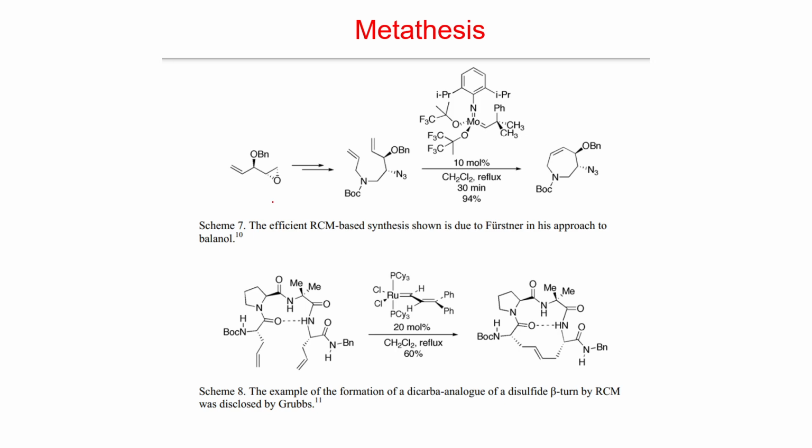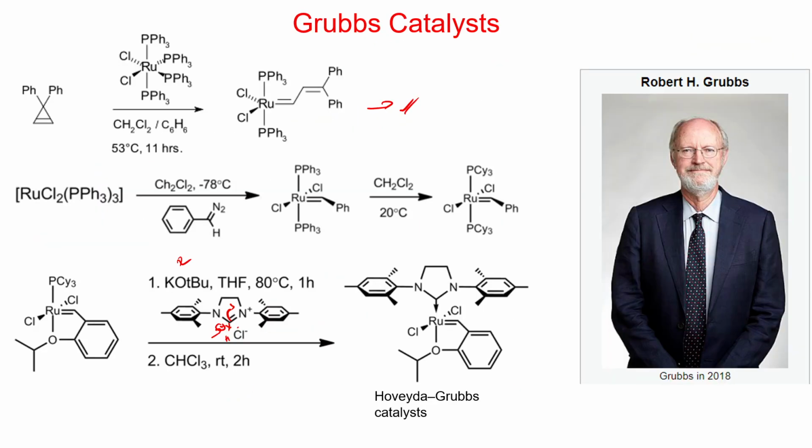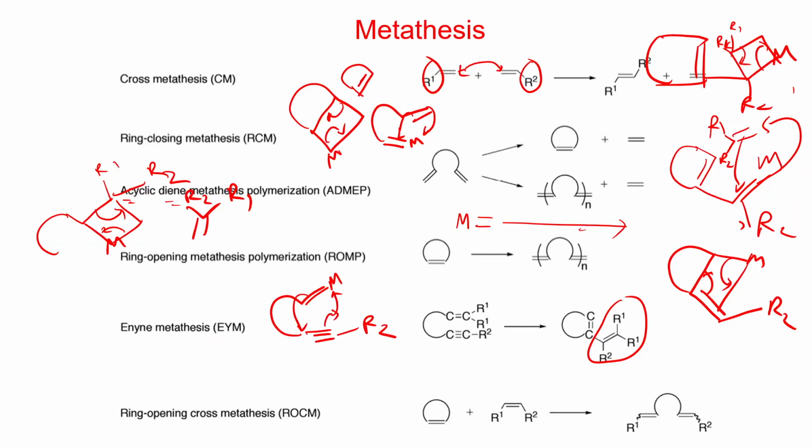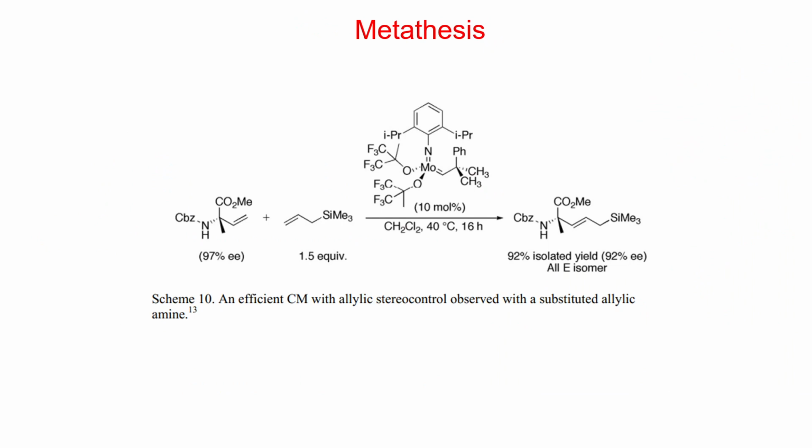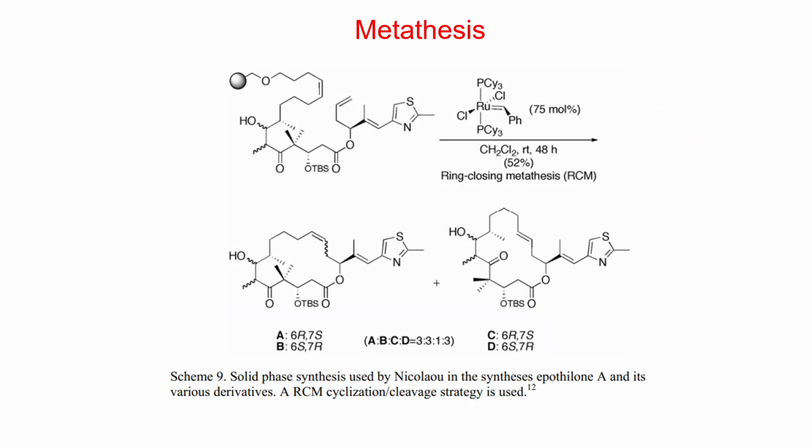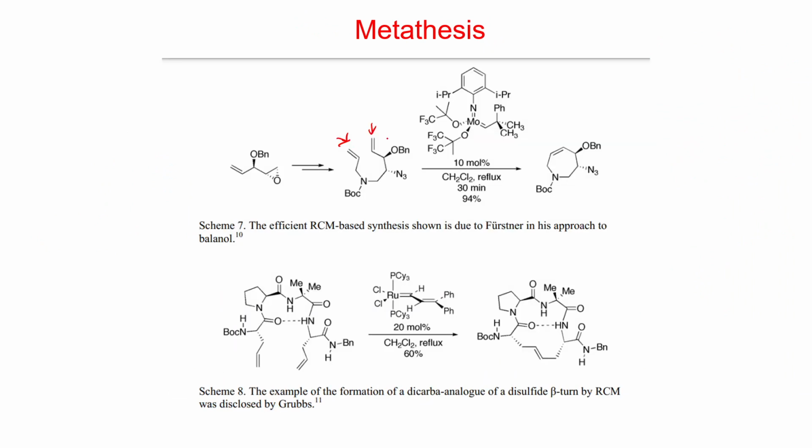What they have done, they started with this kind of epoxide, and with steps they have synthesized this particular molecule where you have this terminal chain, and with Schrock carbene, they were able to make this particular seven member ring.